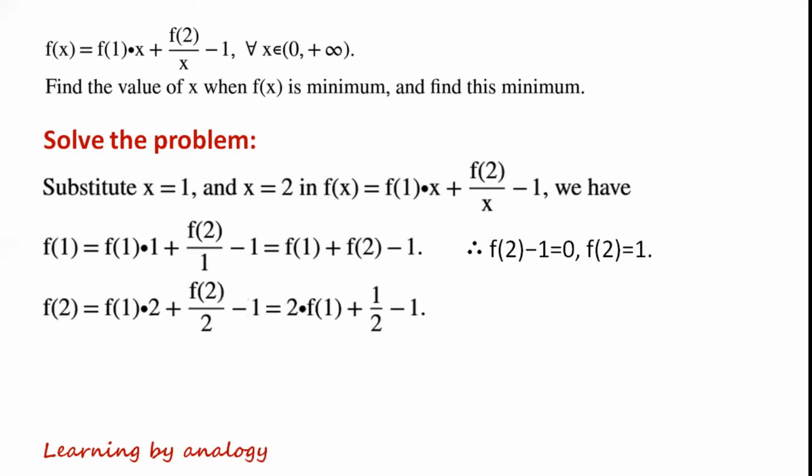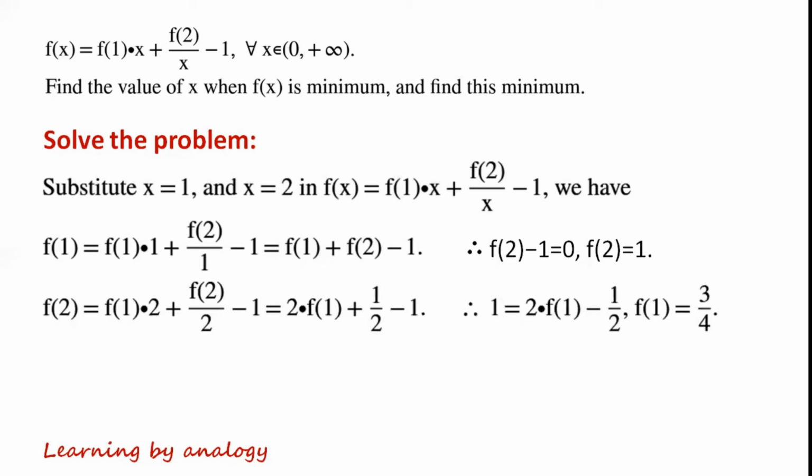f of 2 equals f of 1 times 2 plus f of 2 over 2 minus 1, which equals 2 times f of 1 plus a half minus 1.